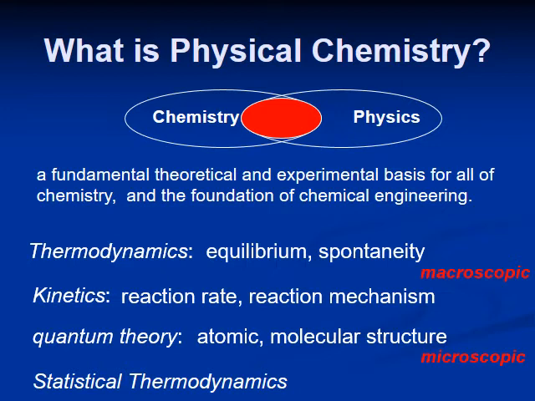CHEM 1 is about thermodynamics. So this is the topic we are going to study in CHEM 1. Now, many of you are going to take CHEM 2, which includes kinetics, quantum mechanics, and statistical thermodynamics.